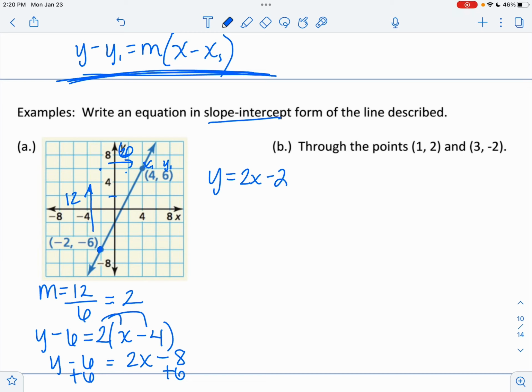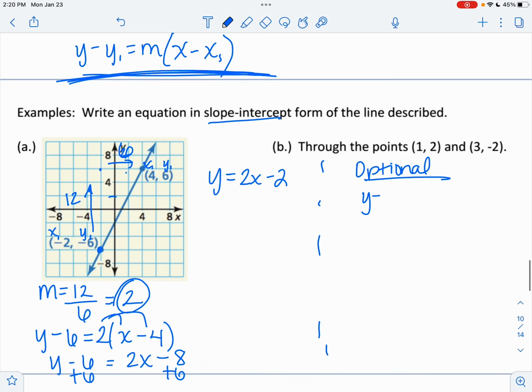Note, this is optional. This is still for part A. If I use (-2, -6) instead, my slope is still 2 no matter what, but now I'm going to let this one be my x1, y1. So y minus -6 equals 2 times (x minus -2).